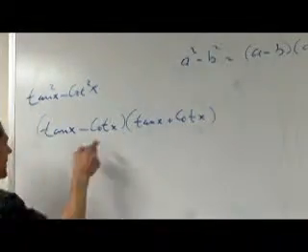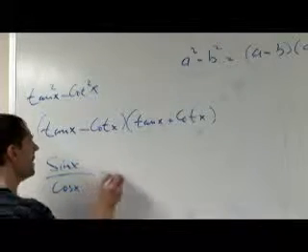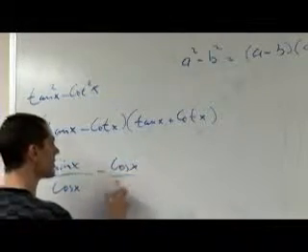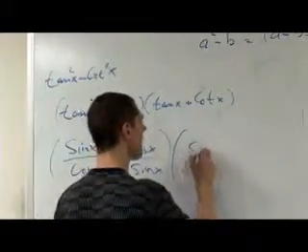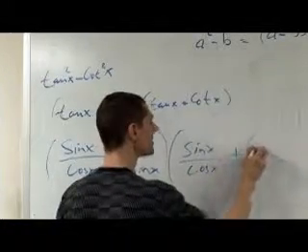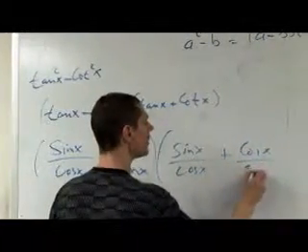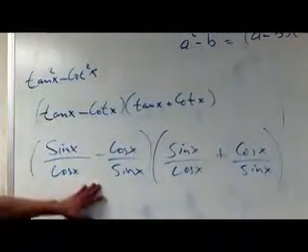Who knows? This is sine x over cosine x minus cosine x over sine x times sine x over cosine x plus cosine x over sine x. Before I go any further, I'm going to clean these up.